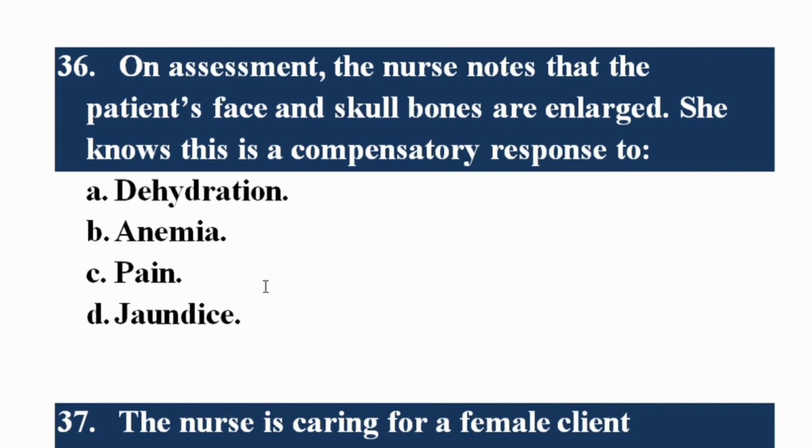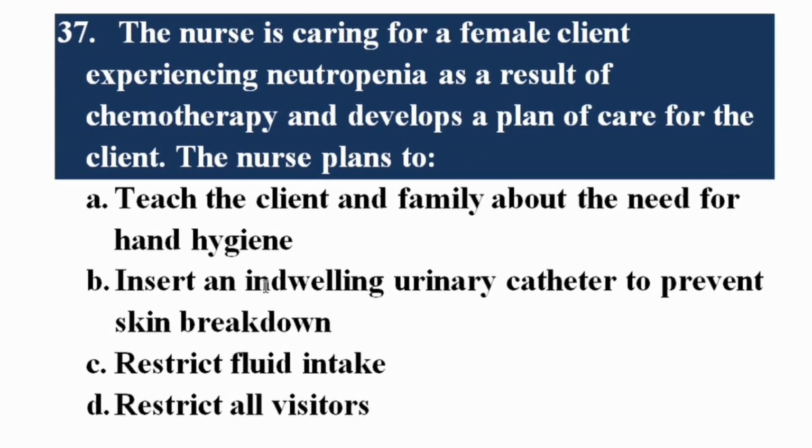Right option is beta, anemia. The nurse is caring for a female client experiencing neutropenia as a result of chemotherapy and develops a plan of care for the client. The nurse plans to. Right option is alpha. Teach the client and family about the need for hand hygiene.